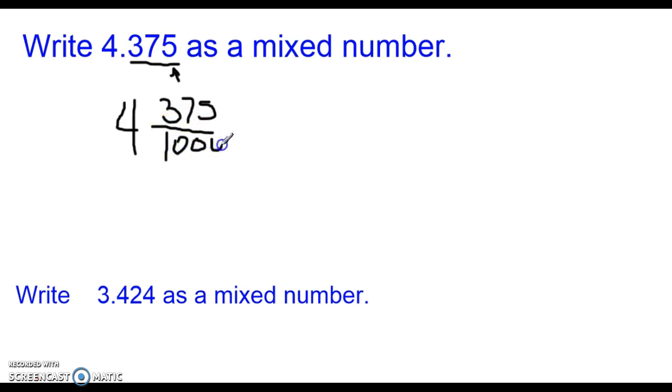I could start by dividing by 5, but I know that I can also divide by 25. So I'm going to divide my numerator and denominator by 25. Go ahead and pause the video and see what that gives you. Okay, so when I divided 375 by 25, I got the numerator 15. And when I divided 1,000 by 25, I got the denominator of 40.